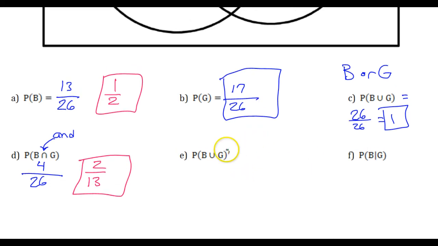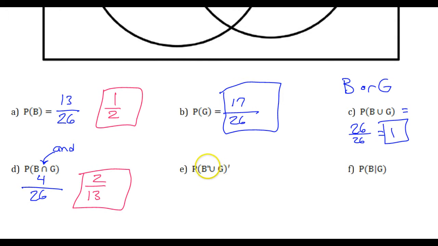Now, this little apostrophe means the complement of this set, meaning not this set. So we already found the probability of having a boy or a girl. That was 100%, or 1. So with the apostrophe, it means the probability of not having a boy or girl.